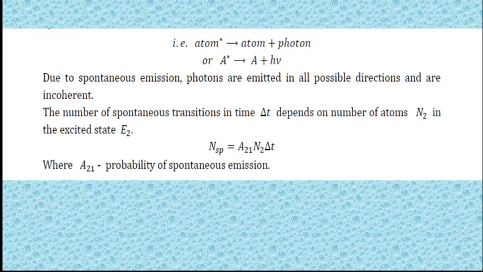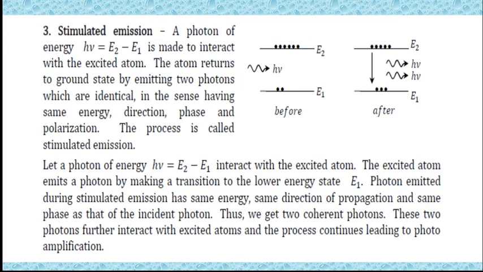There is one more possibility when an atom interacts with electromagnetic radiation, and that is stimulated emission. If a photon of energy h nu equals E2 minus E1 interacts with the atoms in the excited state, since there are more atoms in the excited state, the possibility of interaction of this electromagnetic radiation is more with the atoms in the excited state.